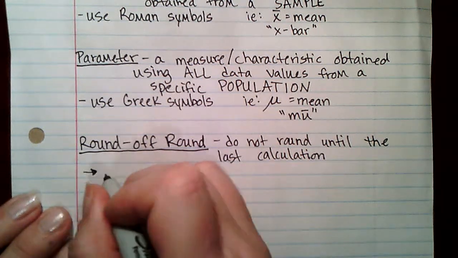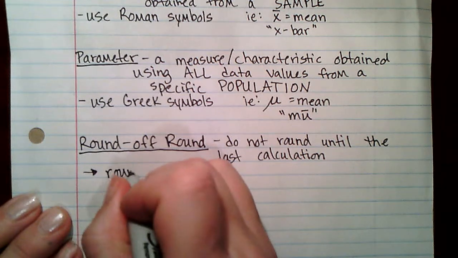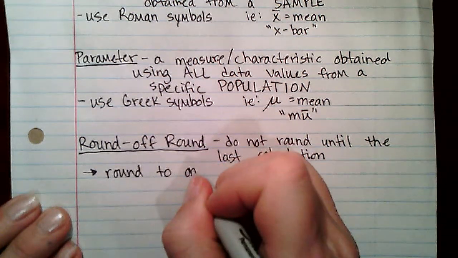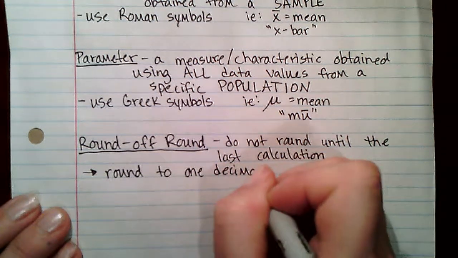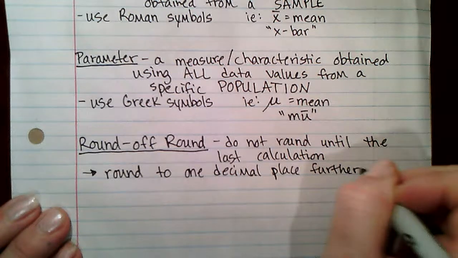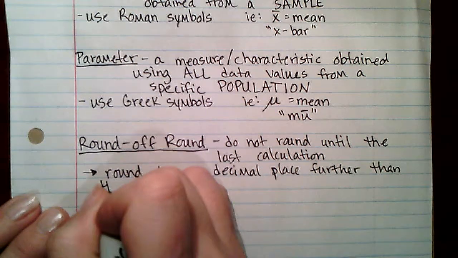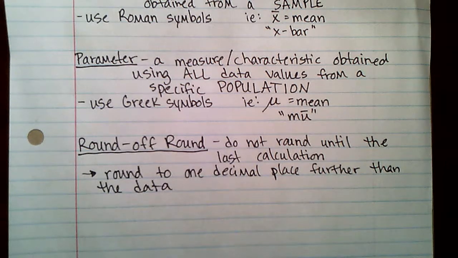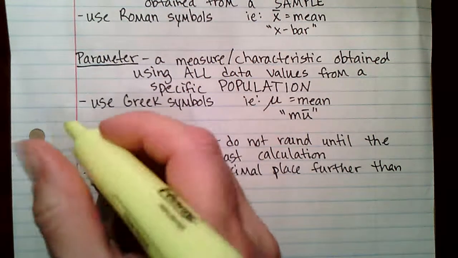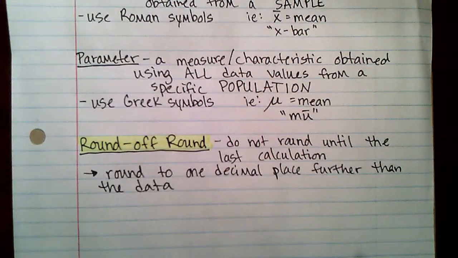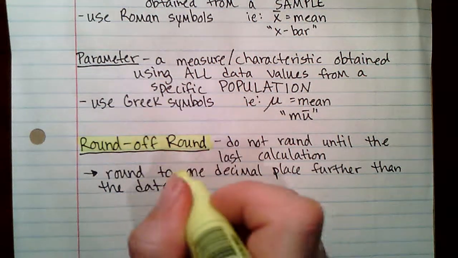And then here's the rule that you will round to 1 decimal place further than the data. Now, this is a thing we might want to highlight or somehow mark so that you remember where it's at. The round off rule, 1 decimal place farther than the data.